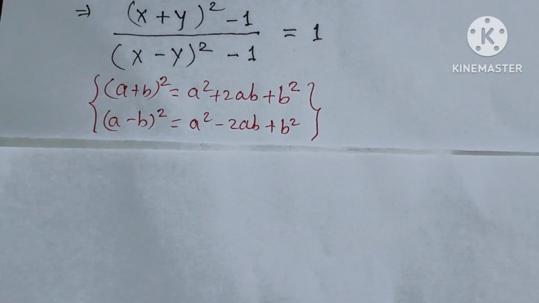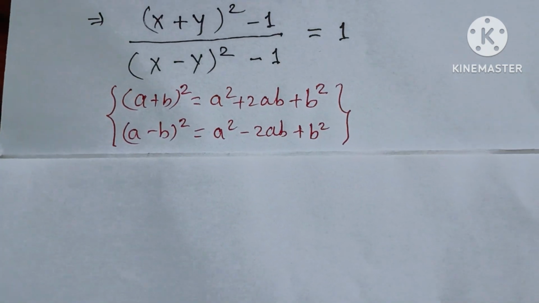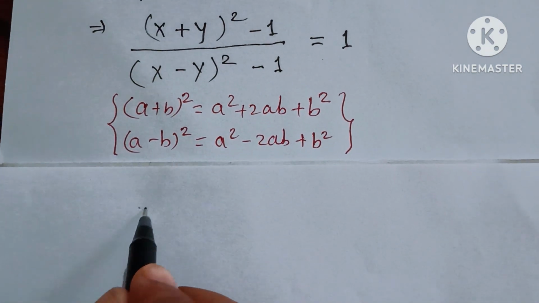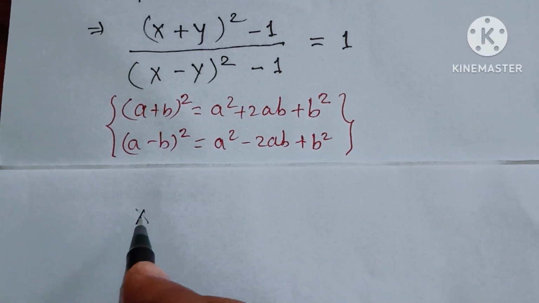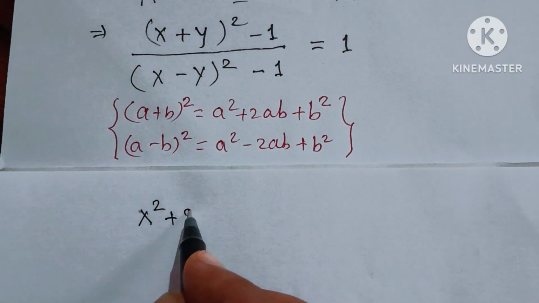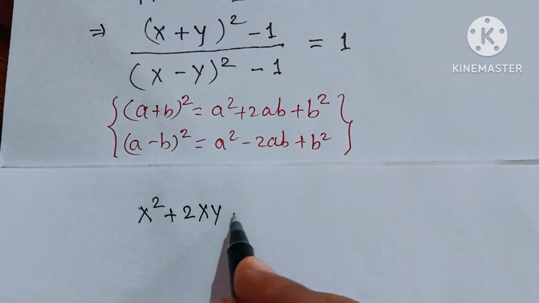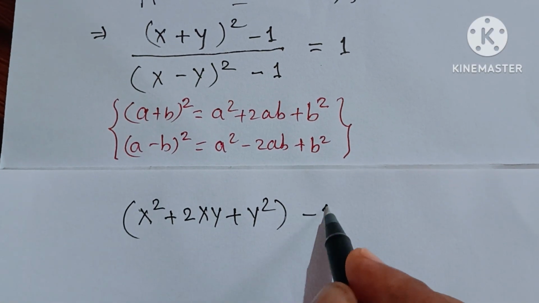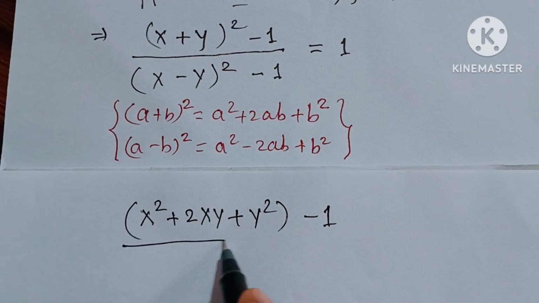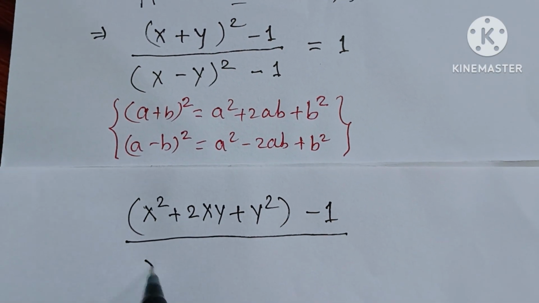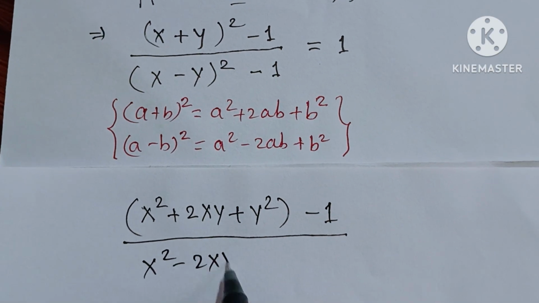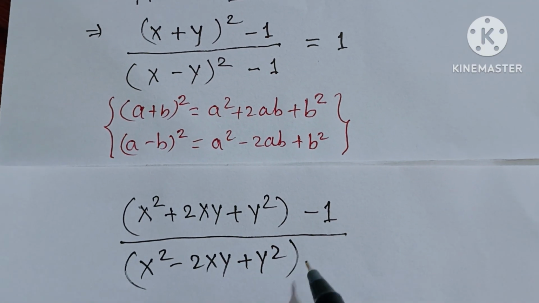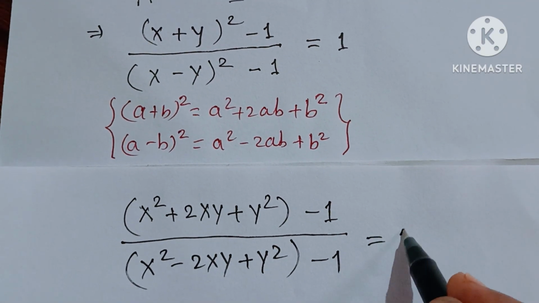Now apply this algebraic identity here: x square plus 2xy plus y square minus 1, divided by x square minus 2xy plus y square minus 1, equal to 1.